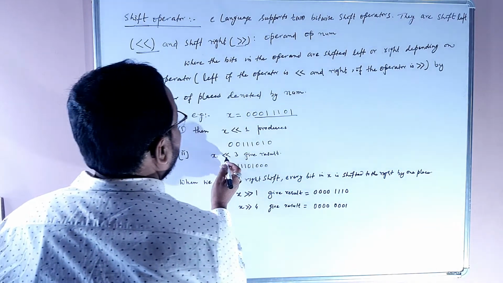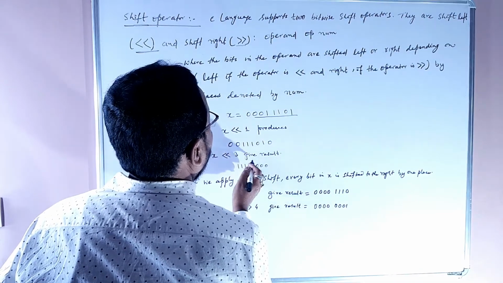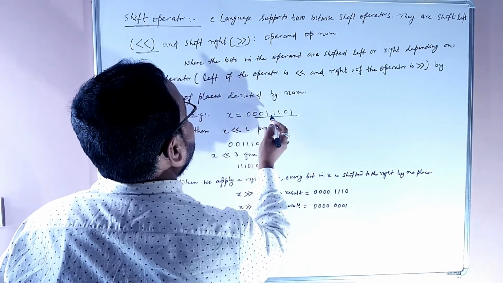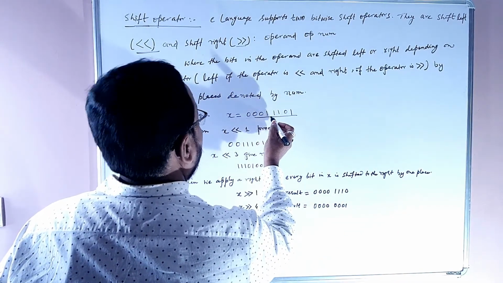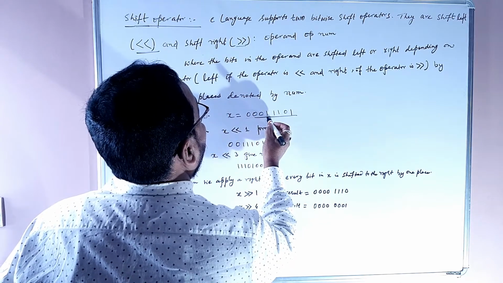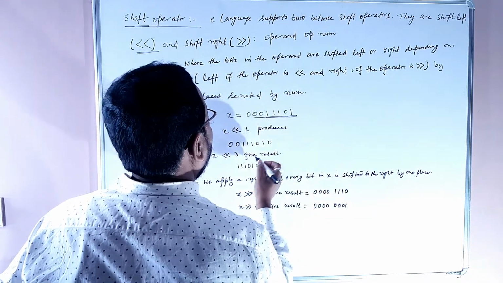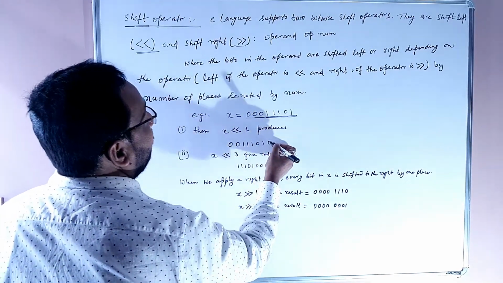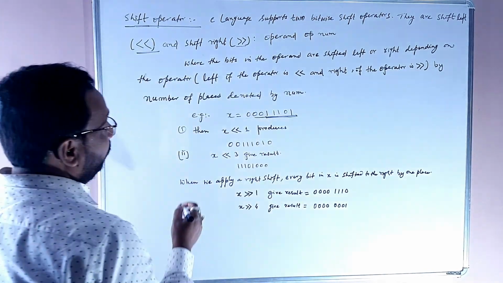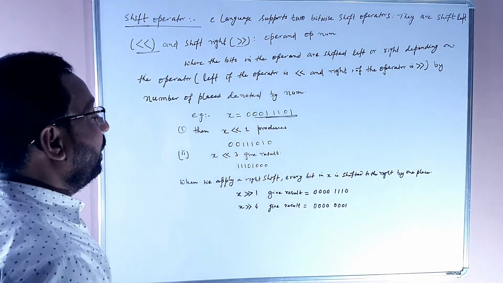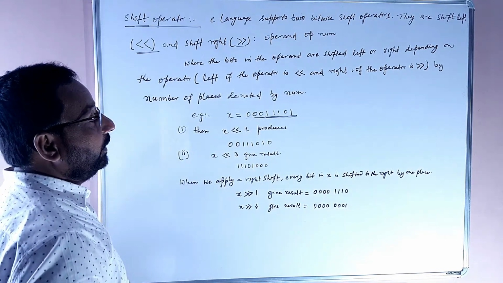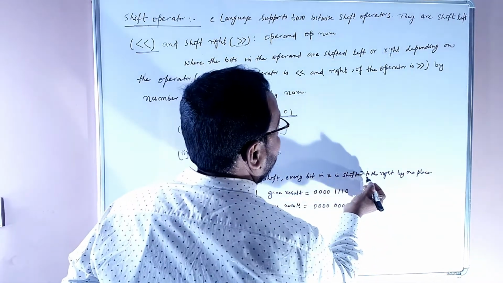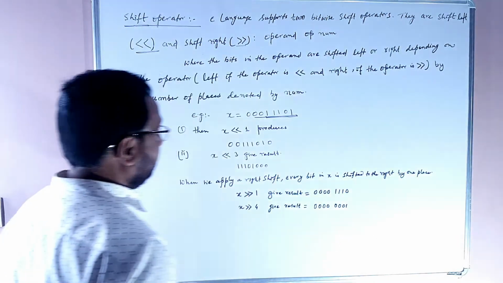Then x is left shifted by 3. The result is: the number starts from this to this and 000 is added. Here also 0 is added. When we apply right shift, every bit in x is shifted to the right by 1 place.